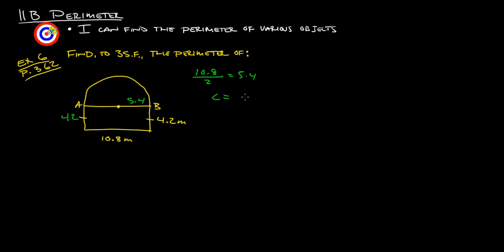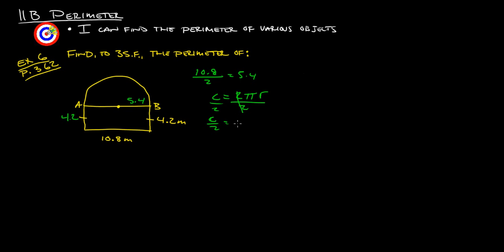So circumference of the entire circle is going to be 2 times pi times r, right? But we only want half the circle, so if we take this and divide it by 2, half of our circumference is going to be pi times radius. You could do the divide by 2 at the very end if you would like.